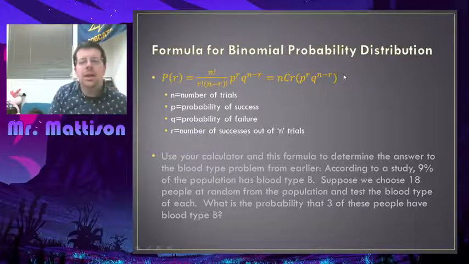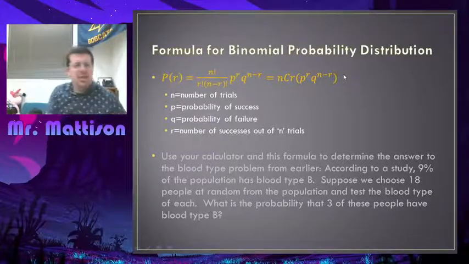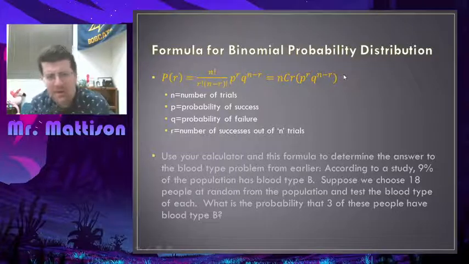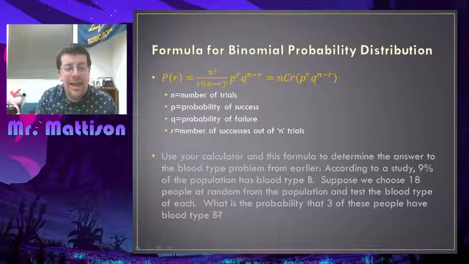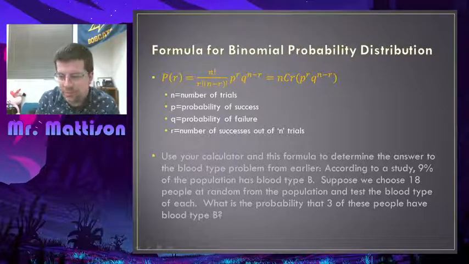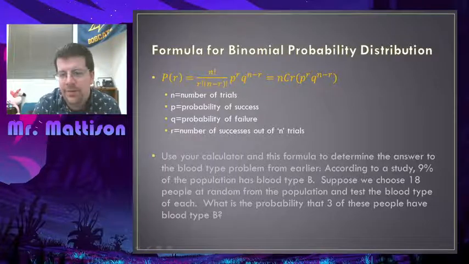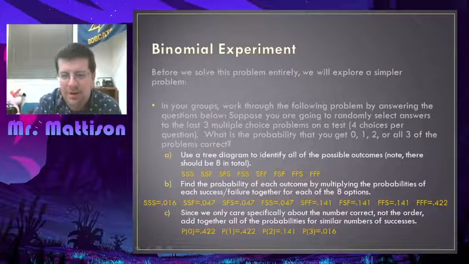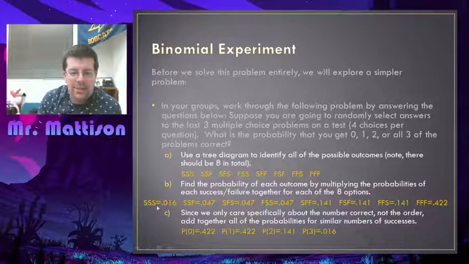And then, what's this nCr stuff? Why am I doing a combination here? Well, back to the example we just did: this and this are effectively the same, and there are 3 of them, so it's just one of these times 3.